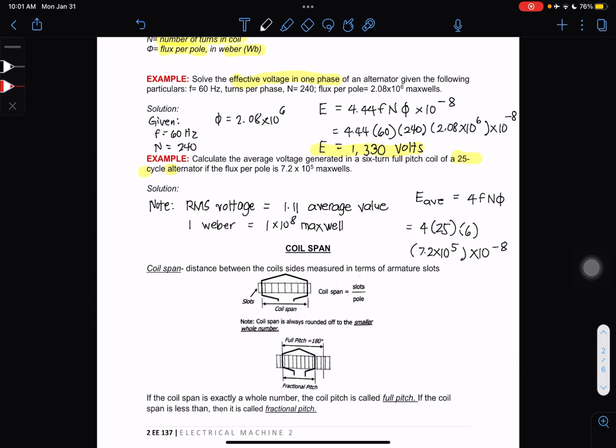So to solve for our final answer, let's erase here.